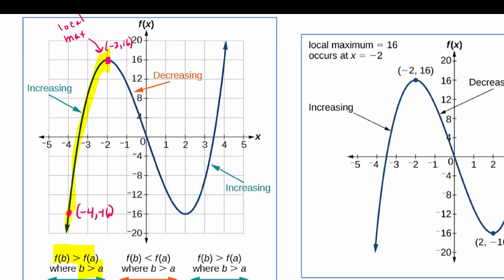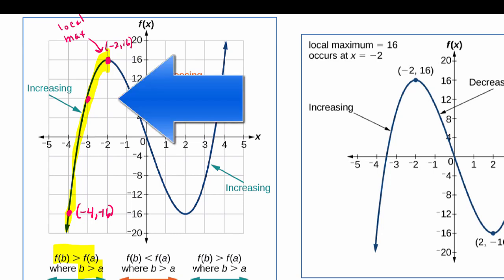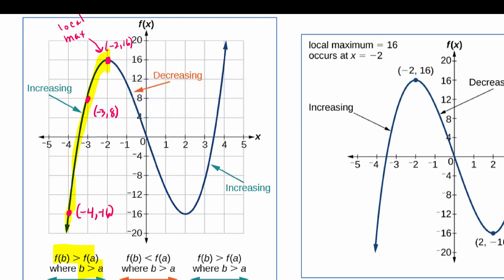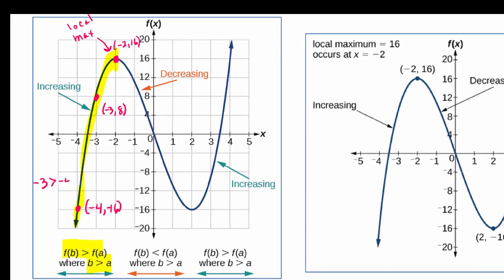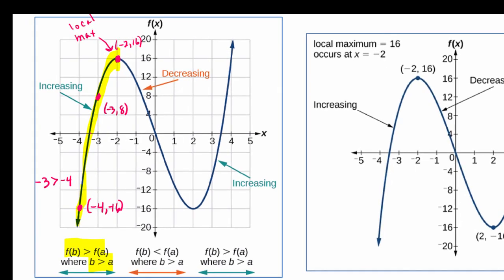And then I look at this point, let's say right here, that's the point -3, 8. Notice that the -3 x coordinate is greater than the -4 x coordinate, and the corresponding y value is greater than the corresponding y value as well. So that's this mathematical definition of what it means for a function to be increasing.